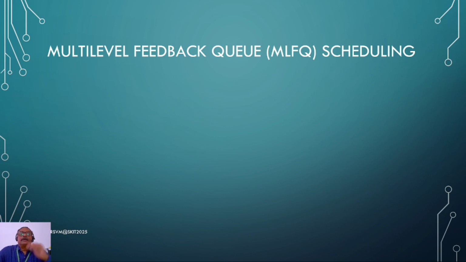So we can upgrade the priority queues for long pending cases, and we can downgrade the priority queues for the processes which are unnecessarily wasting CPU time and all that. And that is the main idea behind multi-level feedback queue scheduling.